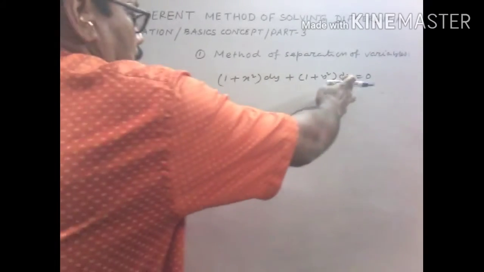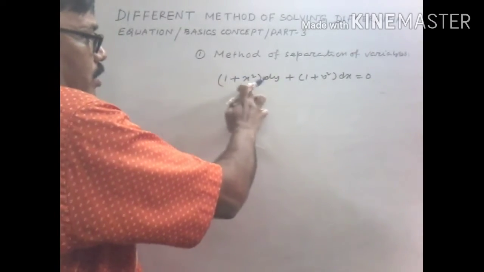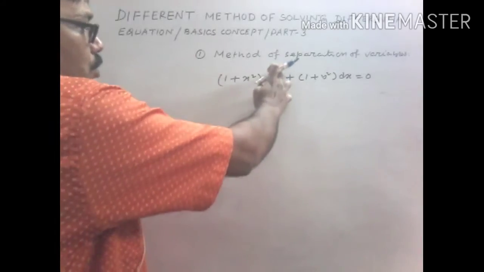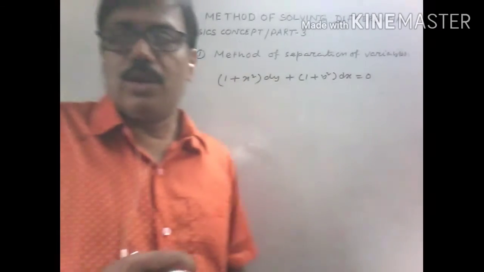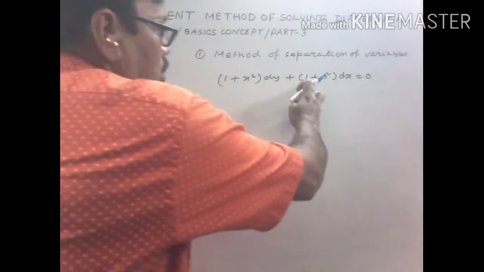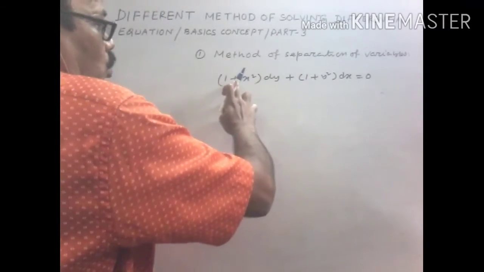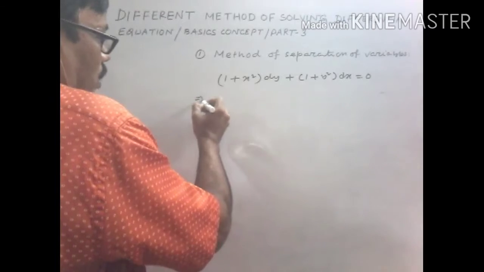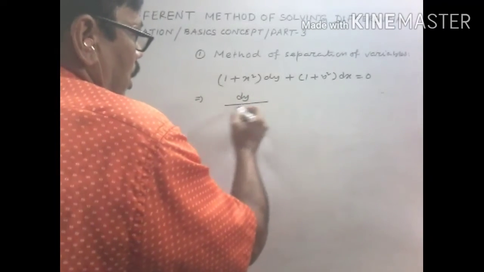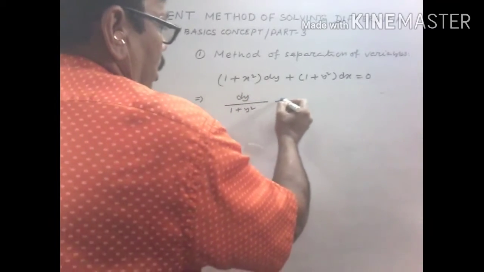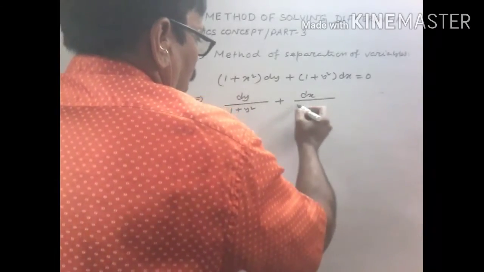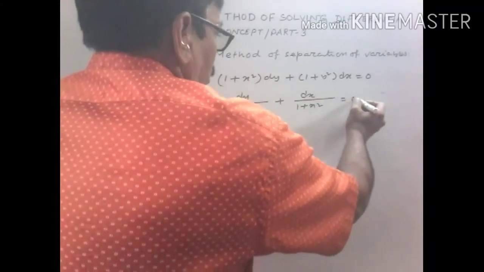Look, 1 plus x square is odd in terms of dy, and it is also odd in terms of x. So we divide throughout by (1 plus x square)(1 plus y square). So dy by (1 plus y square) plus dx by (1 plus x square) equals 0.